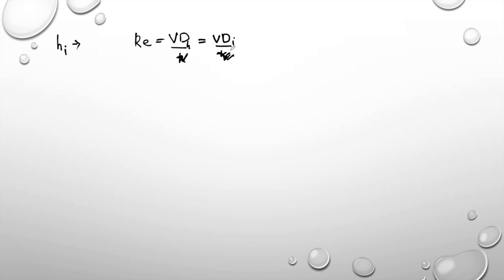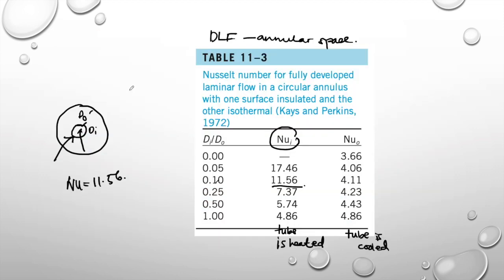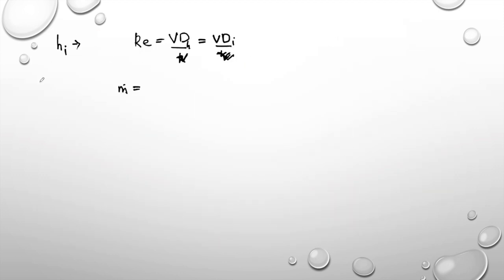What about the velocity? We have to find the velocity. In the question, we are already given the value of the mass flow rate. Mass flow rate of the fluid inside, the water, is 0.5 kilogram per second.